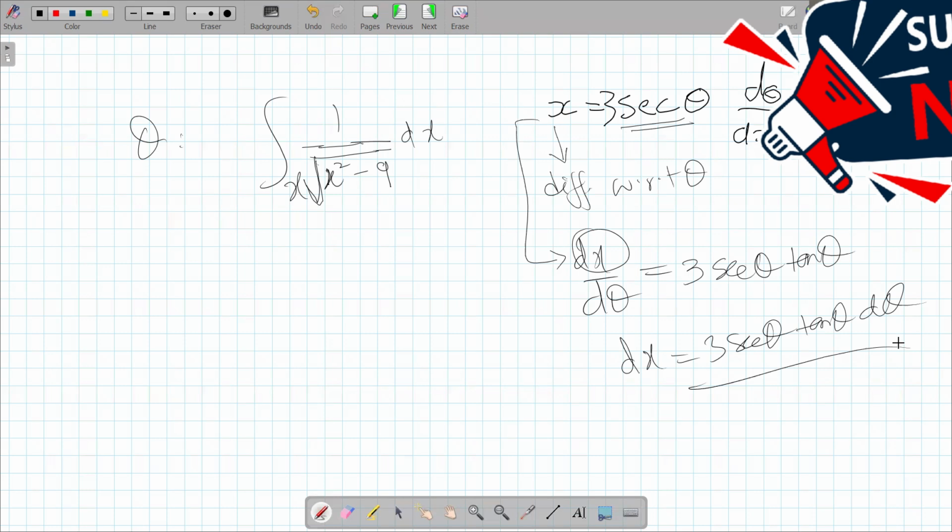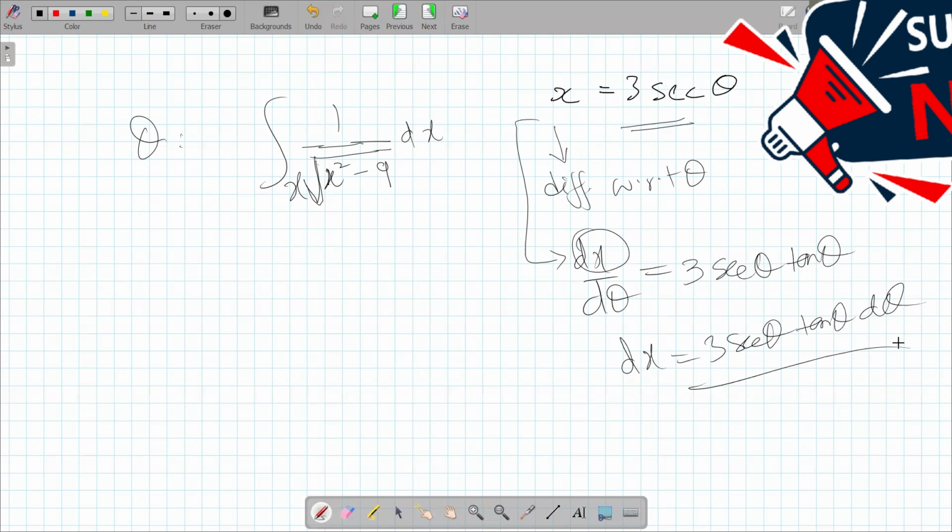Let me just get this sorted out. Okay, so now that I've got that, x still equals 3 sec theta.